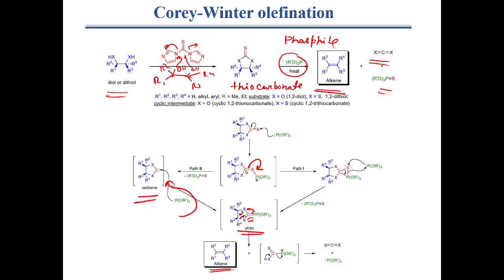There is a possibility of another mechanism, the anionic pathway. After elimination of this sulfur phosphite complex, it will give this carbene, but if it attacks directly at this phosphorus center, it will go this way. Now phosphite attacks the sulfur, this will go and this will attack. So now this intermediate undergoes rearrangement and gives this alkene.